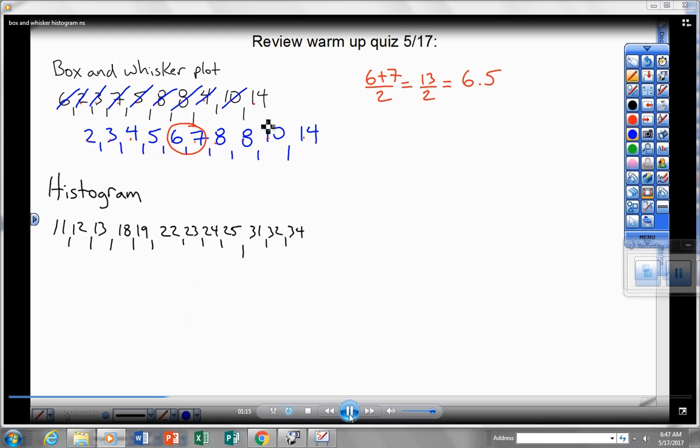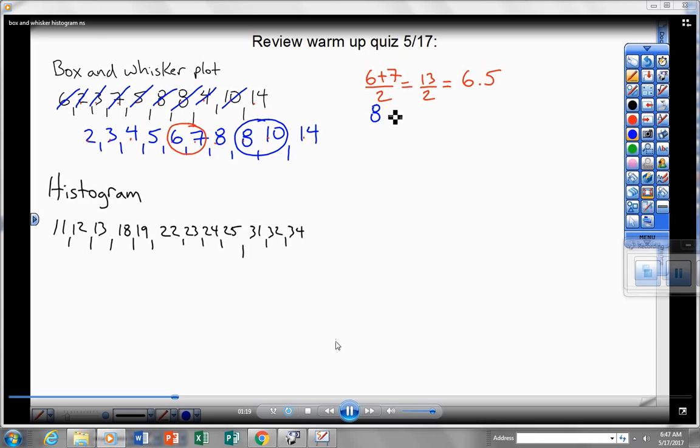So the bottom half and top half, again, since I have even numbers, I need to find the midway between these two, because I have 4 over here. Again, don't look at that 6 and 7. Of these 4, the middle is between 8 and 10, so that should be 9.